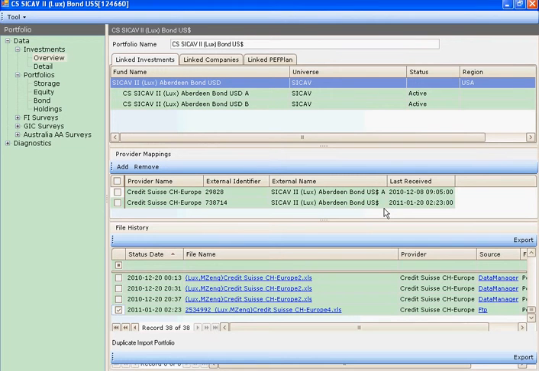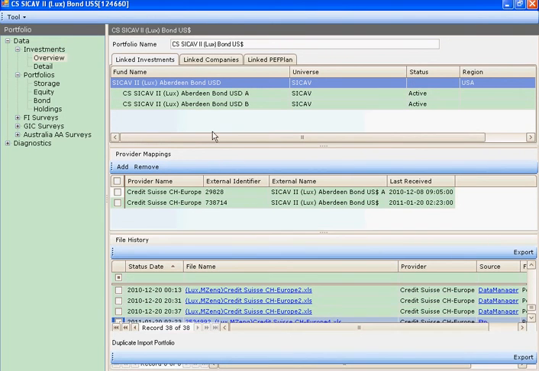Having a check of external fund identifiers or fund names helps to find out whether there are multiple identifiers for one portfolio or one identifier for multiple portfolios. Then a check of fund names also helps to find out whether there are multiple classes for one portfolio. So we see for this mapping they are correct.